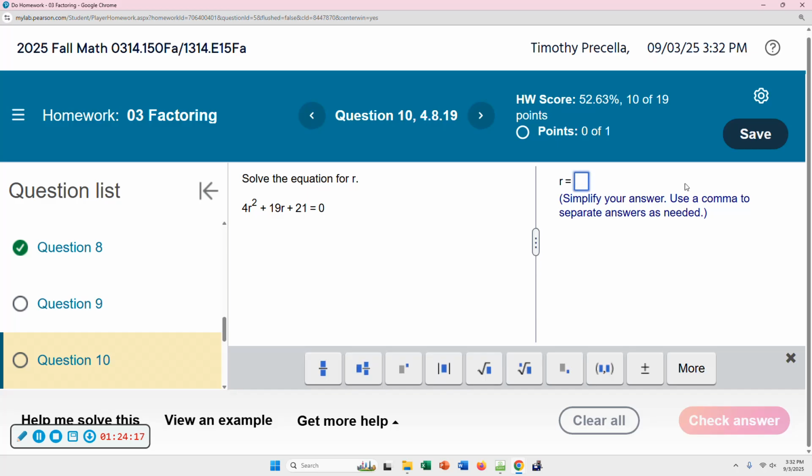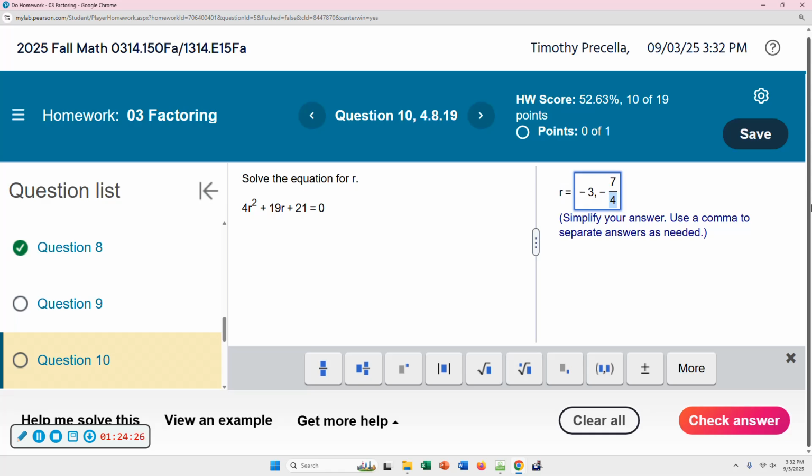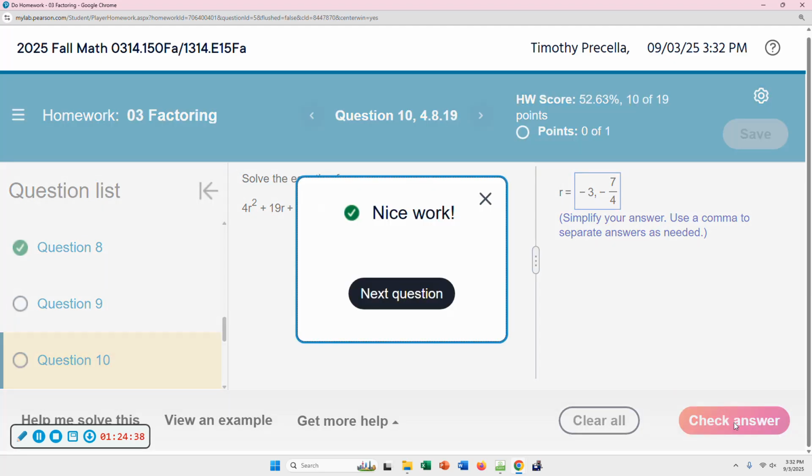But when you're solving an equation, you expect your final answer to be numbers. If I plug in -3 in place of the r's and simplify, the left side would reduce to 0. If I replaced the r's with -7/4 and simplified everything, the left side would also reduce to 0. Any questions there?